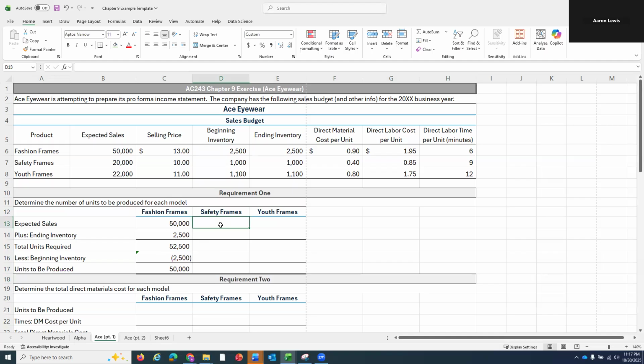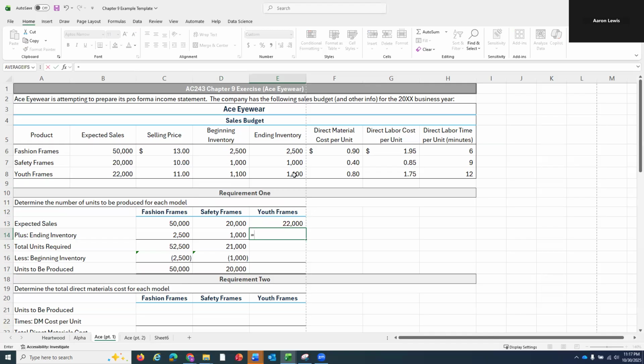For safety frames, we can follow the same procedure. It is 20,000 of those to be sold. We have 1,000 of those we want to have as ending inventory. So we're going to have 21,000 of those in total. But we already have 1,000 of them in beginning inventory, so we only have to produce the other 20,000 during the period. And then for our youth frames, we're expectedly selling 22,000 of those.